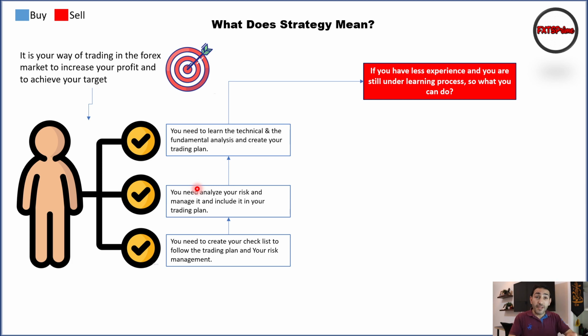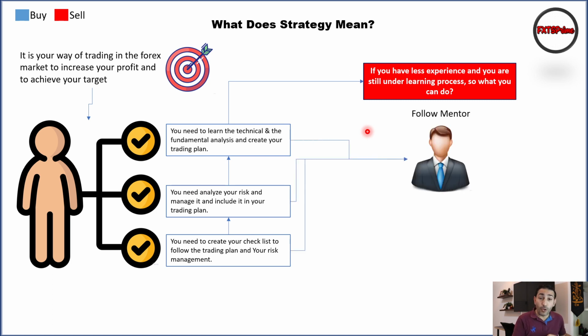So while I am learning, to cover those three things, I can follow a mentor. Simply, I need someone to analyze the chart for me, to give me the fundamental analysis and to give me the direction of buy and sell.